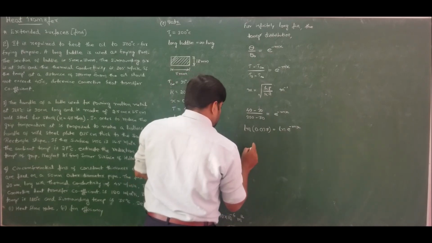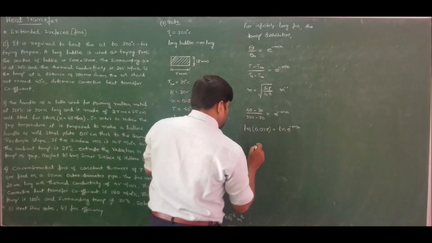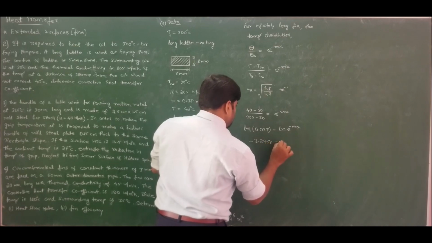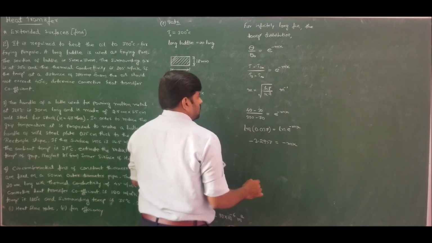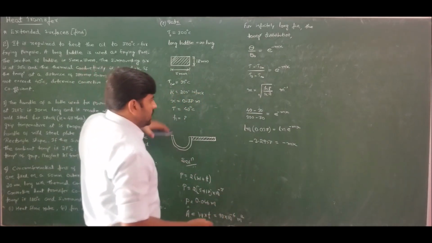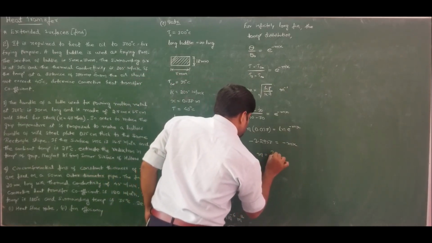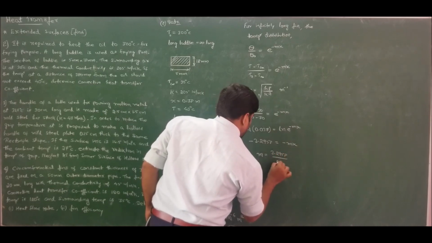If I solve further, I will get ln of 0.037 is nothing but minus 3.2958, which is equal to minus mx. We know that the temperature 40 degrees Celsius is at a distance of 0.38 meters. So therefore the value of m will become 3.2958 by x is 0.38.